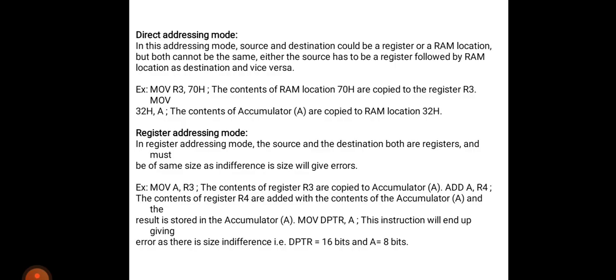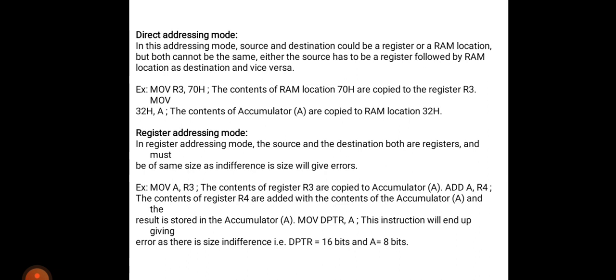First one is direct addressing mode. In this addressing mode, source and destination could be a register or RAM location, but both cannot be the same. Either the source has to be a register followed by a RAM location as destination, and vice versa.